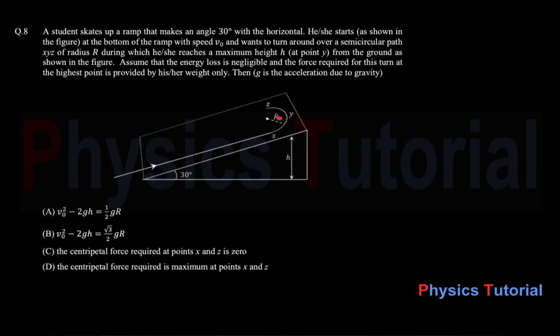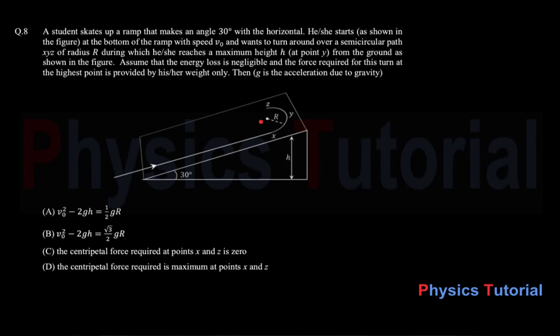This will be coming from centripetal force. In other words, mg sine theta is providing this centripetal force mv square by r to just move in this curvature. Equate it, and you will get the velocity over here.